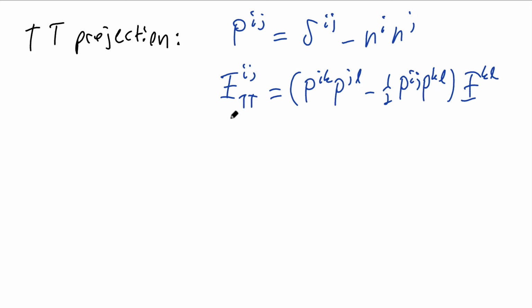And by the way, since the TT part of I bar and the TT part of I are the same, we could skip the step of computing I bar and simply use I, the second moment of the mass distribution, instead of I bar.